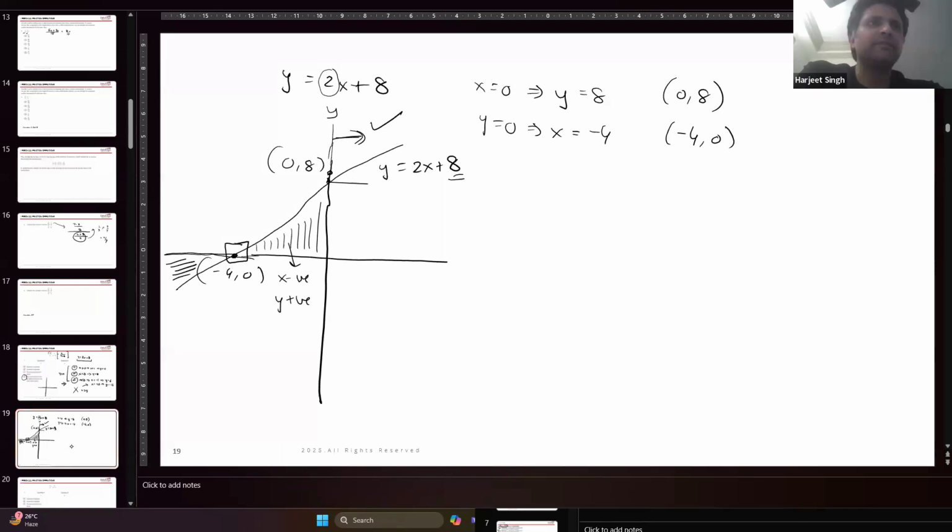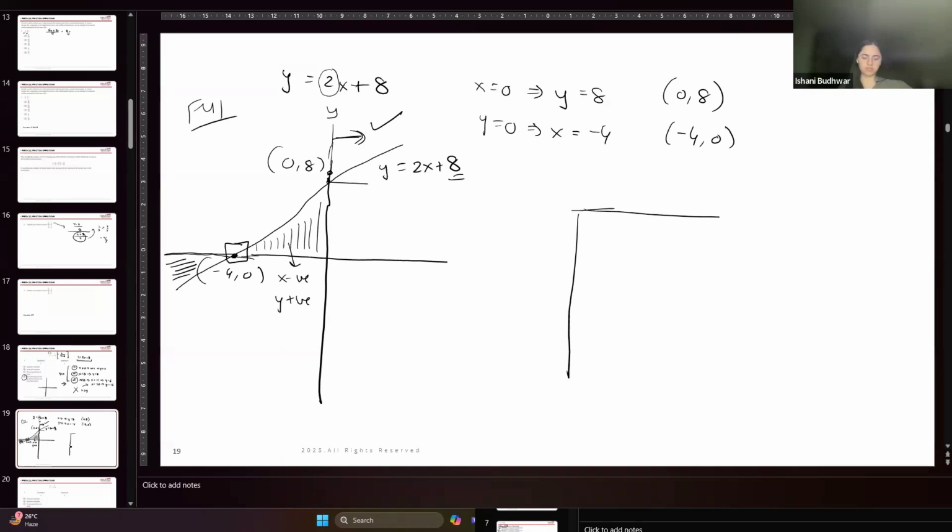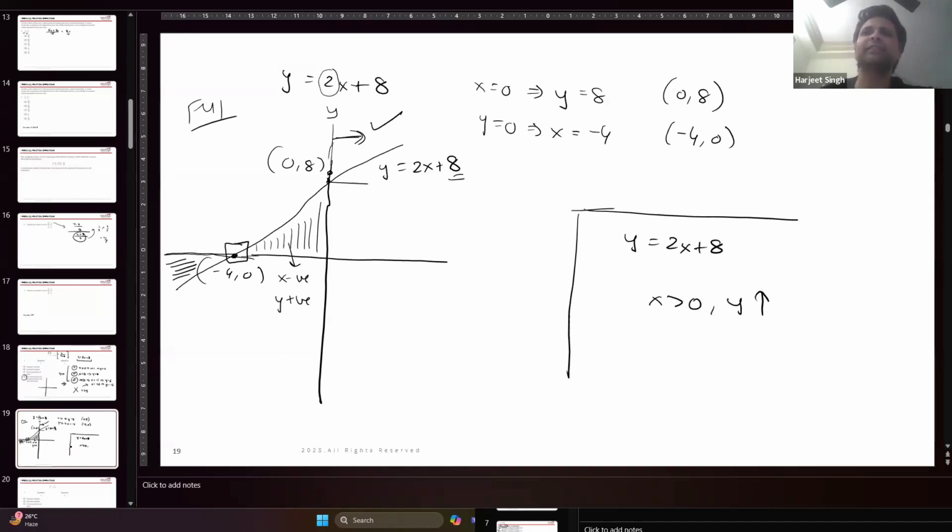So I'm showing this graphically so that you understand, but it's not important to do all this on the real exam. This is only for your knowledge, by the way. What you need to analyze is, when you're given an equation like this, when x is positive, no problem, y will increase more than x because the slope is twice.